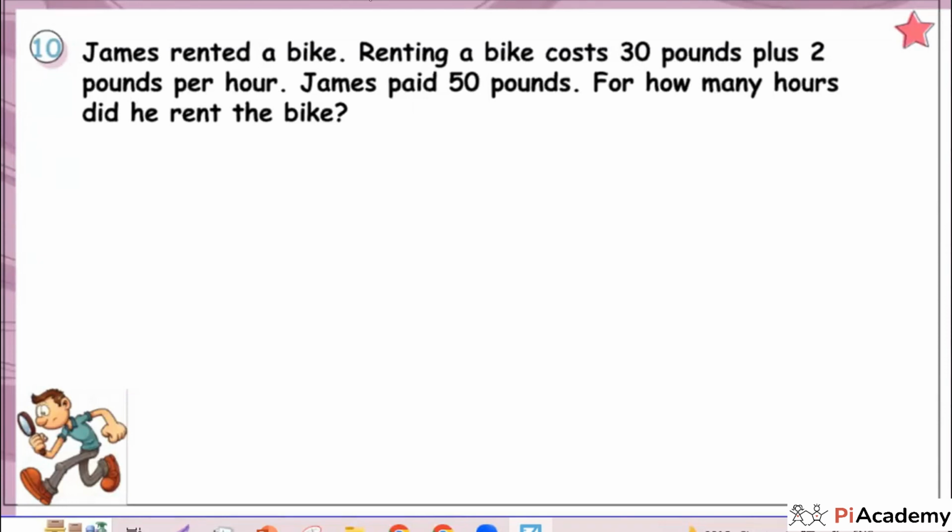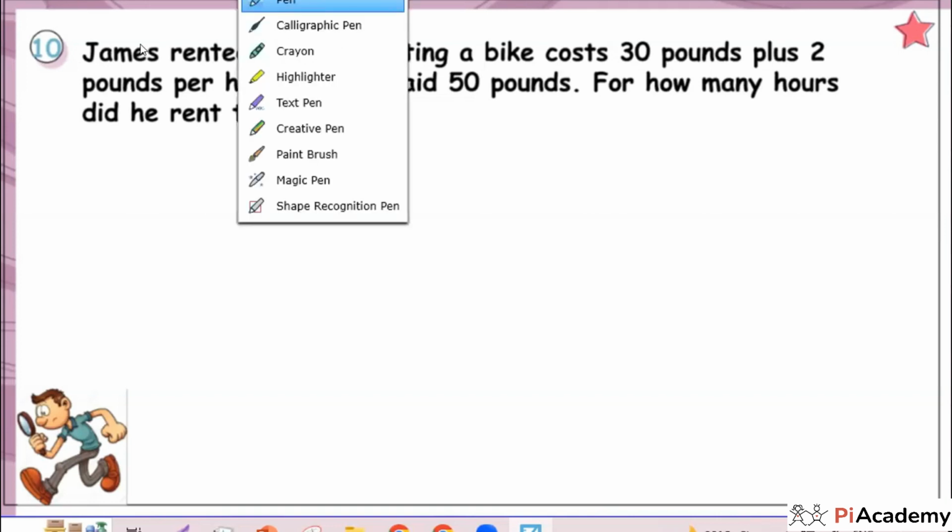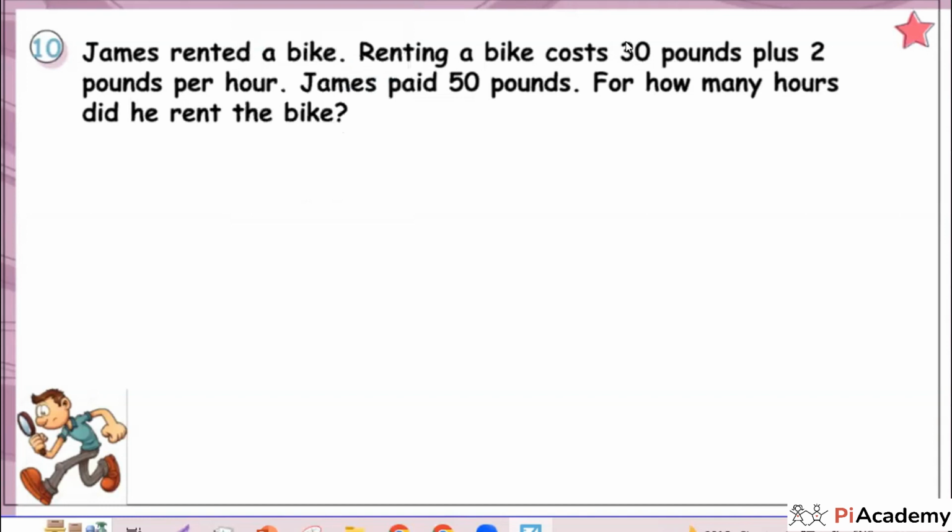I'm choosing a person, and that person is going to guide me how to make the equation and what to do. Yes, tell me. I wish to start by doing 50 minus 30. Okay, wait a little bit. So James rented a bike, and renting a bike costs £30 plus £2 per hour. James paid £50. So for how many hours did he rent the bike?